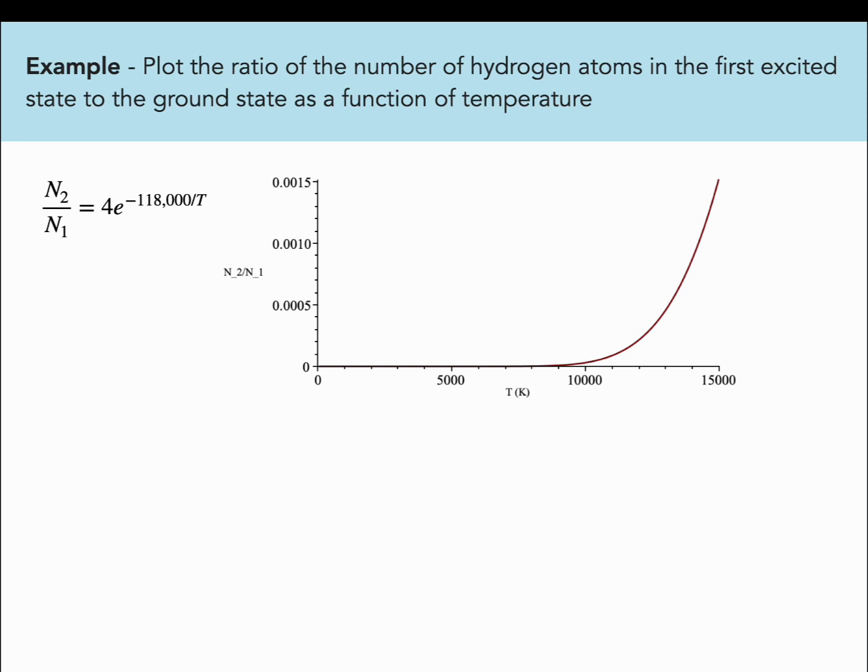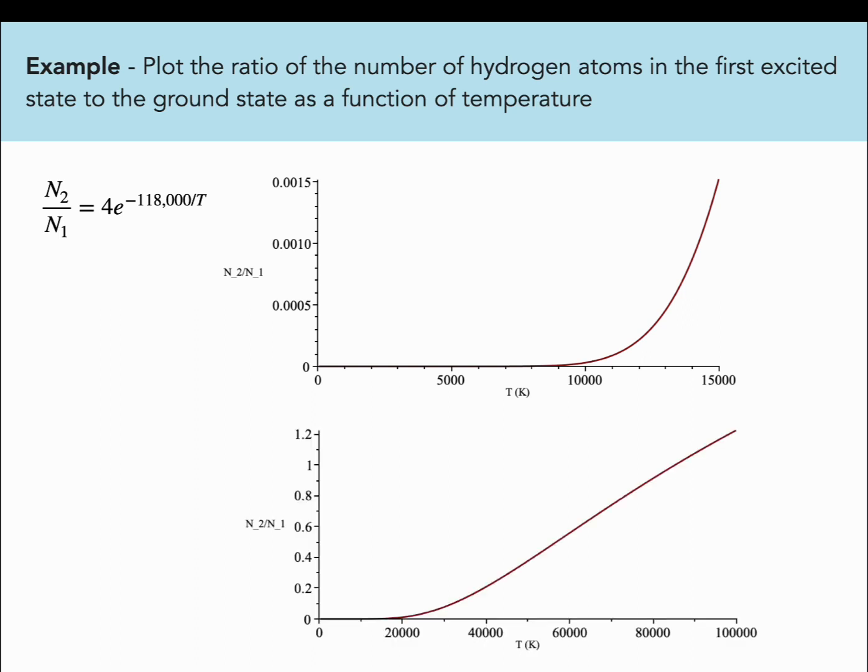You've got to get pretty hot indeed to see a significant number of hydrogen atoms in that n equals 2 state. In fact, if you plot it out to 100,000 Kelvin, we finally reach equal numbers of atoms in the first excited state and ground state at a temperature of around 85,000 Kelvin.